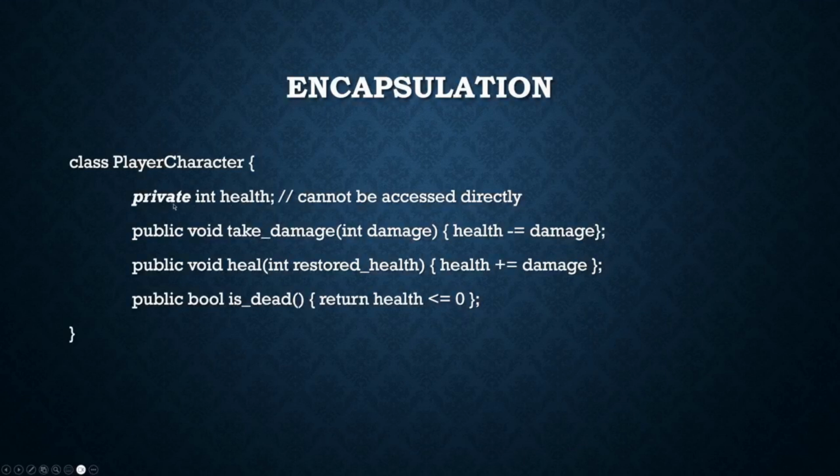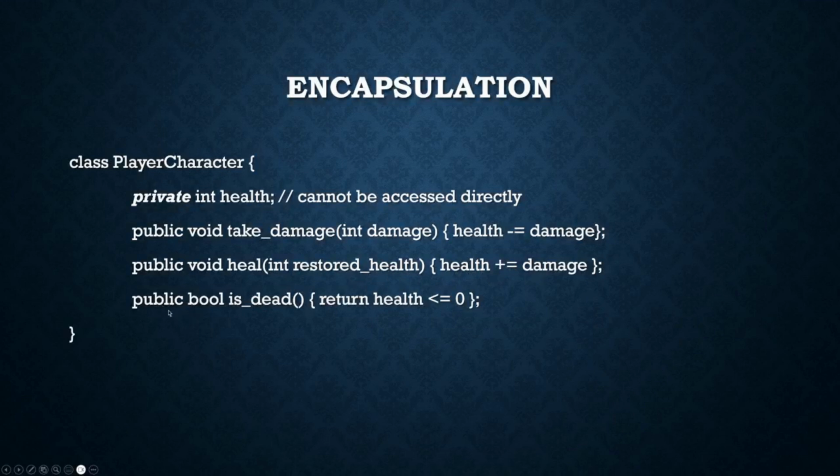The health value itself is private, meaning you can't call cloud.health and ask what the health is directly. Instead, you can cause cloud to take damage, passing in damage, and this would be implemented as health minus equals damage. Or you can have a heal method where you pass in the restored health, so health plus equals restored health.